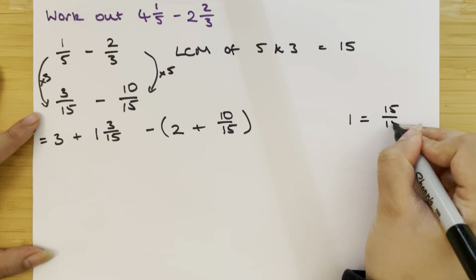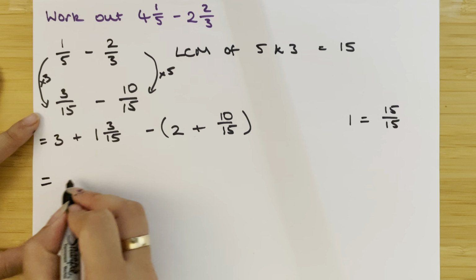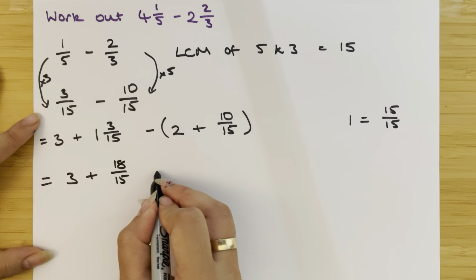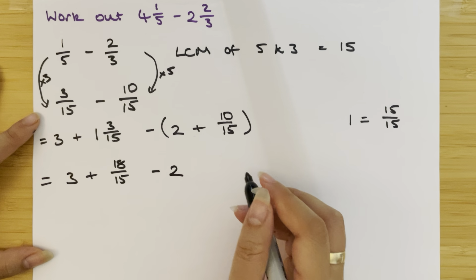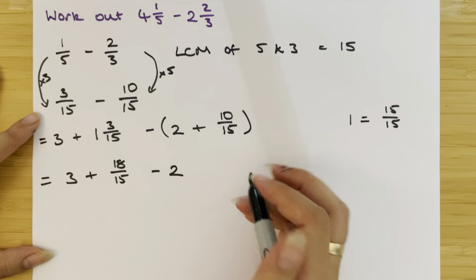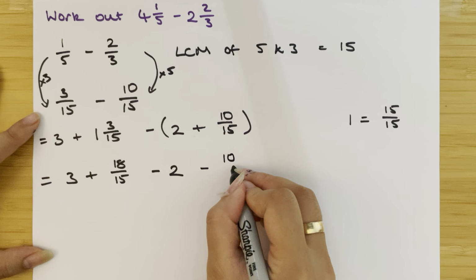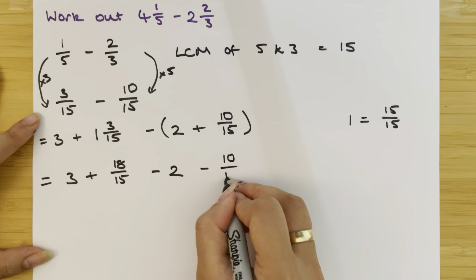And 15 over 15 plus 3/15 is 18 over 15. Is equal to 3 plus 18 over 15. Take away 2. And I'm just going to put the takeaway again. Take away 10 over 15.